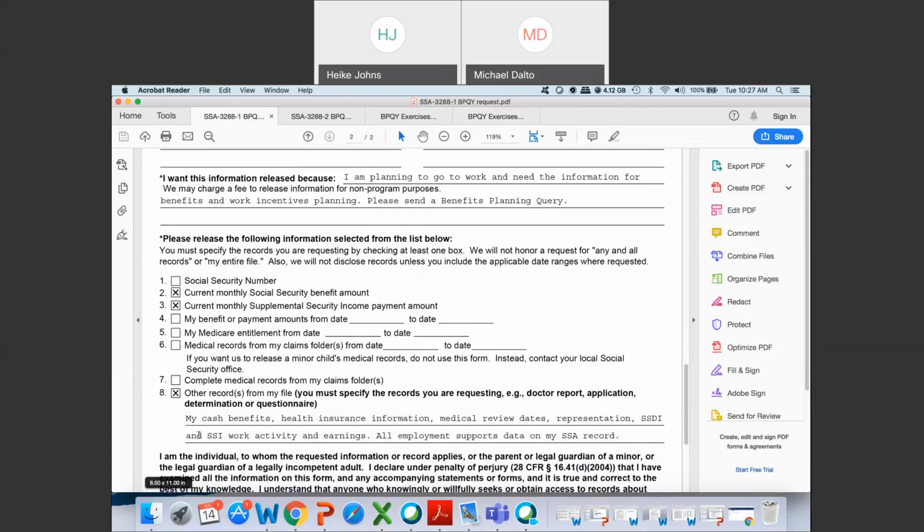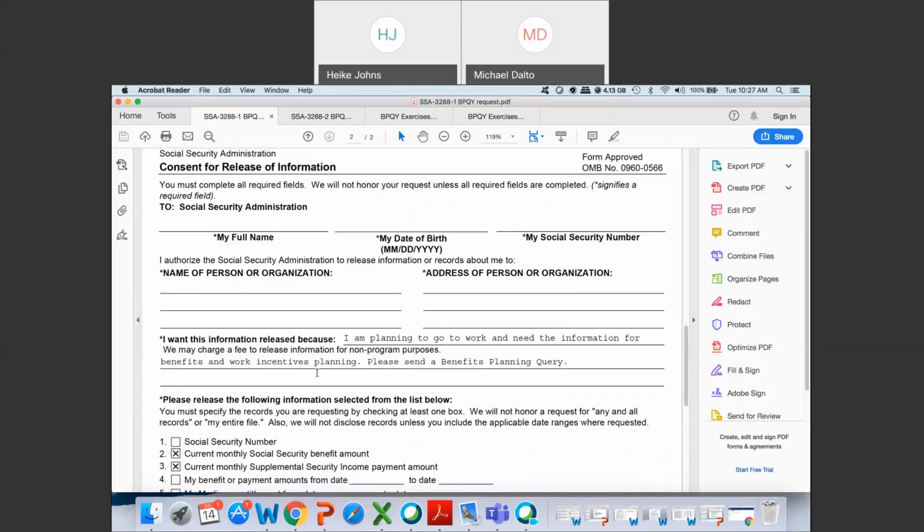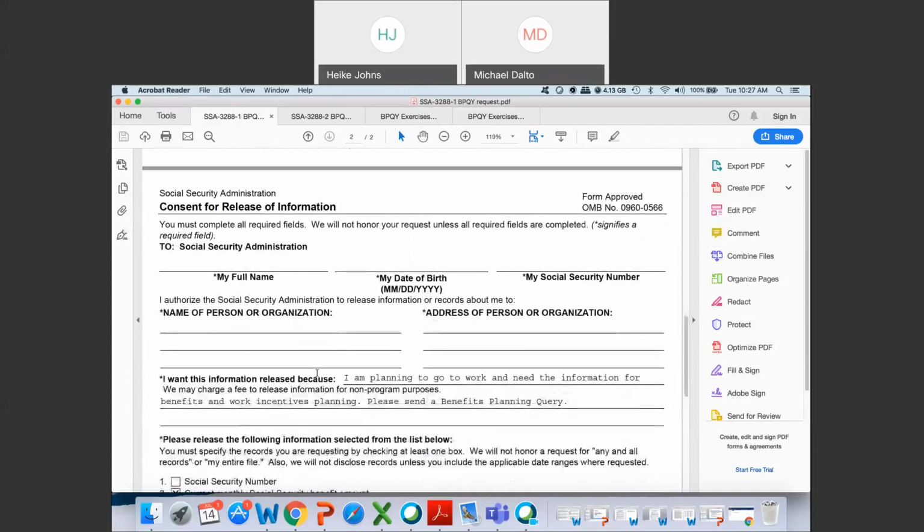And below other records from my file, it's typed in my cash benefits, health insurance information, medical review dates, representation, SSDI and SSI work activity and earnings, all employment supports data on my SSA record. The language that's typed in and the check marks, X's in the three boxes should always be left alone. You don't want to change that. That's standard for a BPQY request.